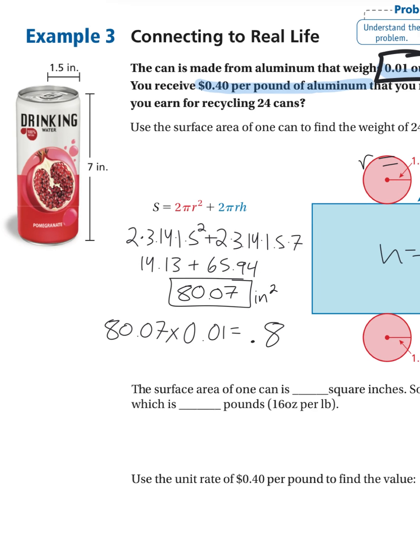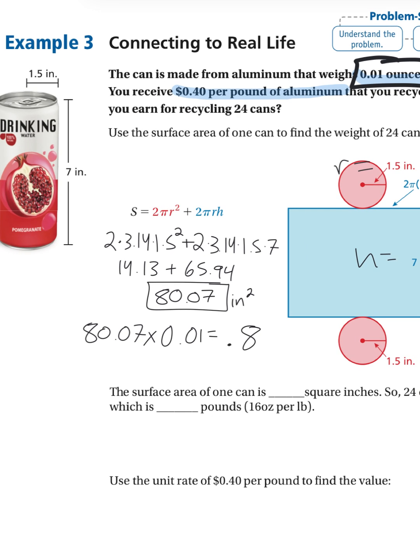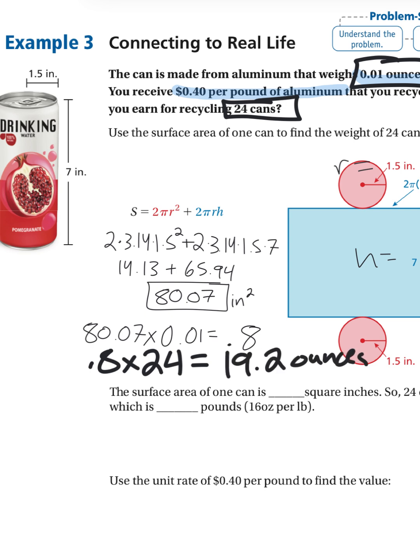Now this is ounces, and this is actually the ounce per can. There are 24 cans. So we're going to take that 0.8 times 24. And this is 19.2 ounces total.